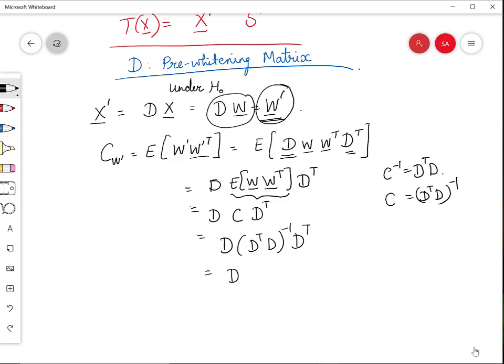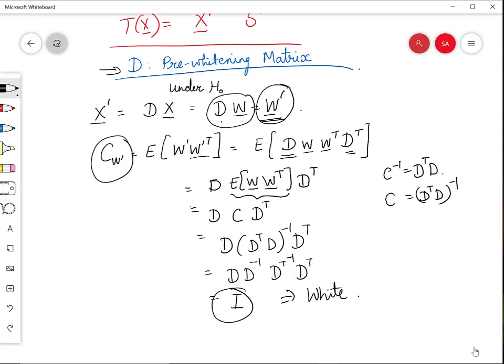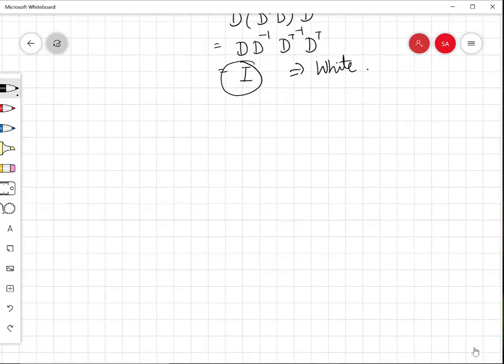Let me open it: D, D inverse, D transpose inverse, D transpose, and this is equal to I, the identity matrix. So you can see the covariance of our new noise, when the noise is multiplied by this D matrix, becomes identity, which is white. That's why our D is called a pre-whitening matrix.